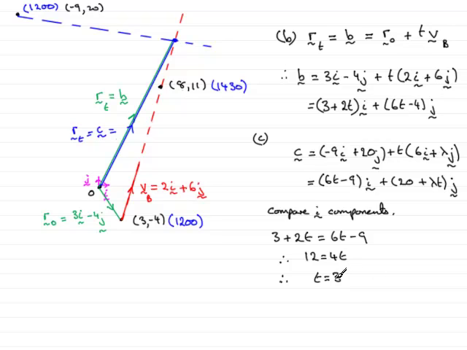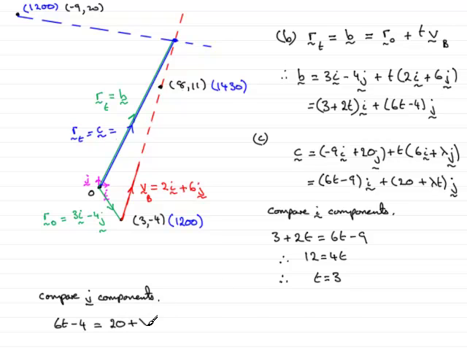We've now got t equals 3 and our job was to find lambda, so all I've got to do now is compare the j components. So we'll come over here and compare the j components, and that means that from the b vector, 6t minus 4 must equal the j component over here, which is 20 plus lambda t.